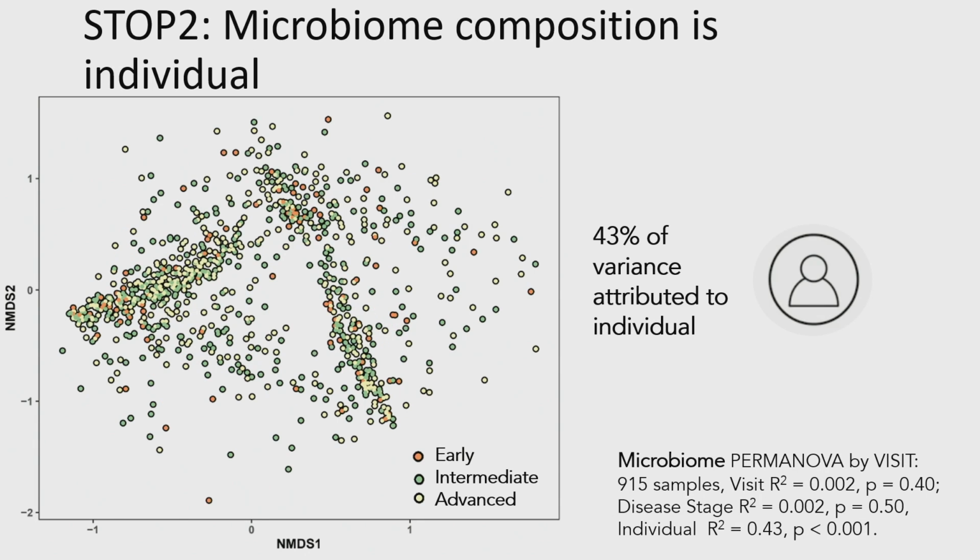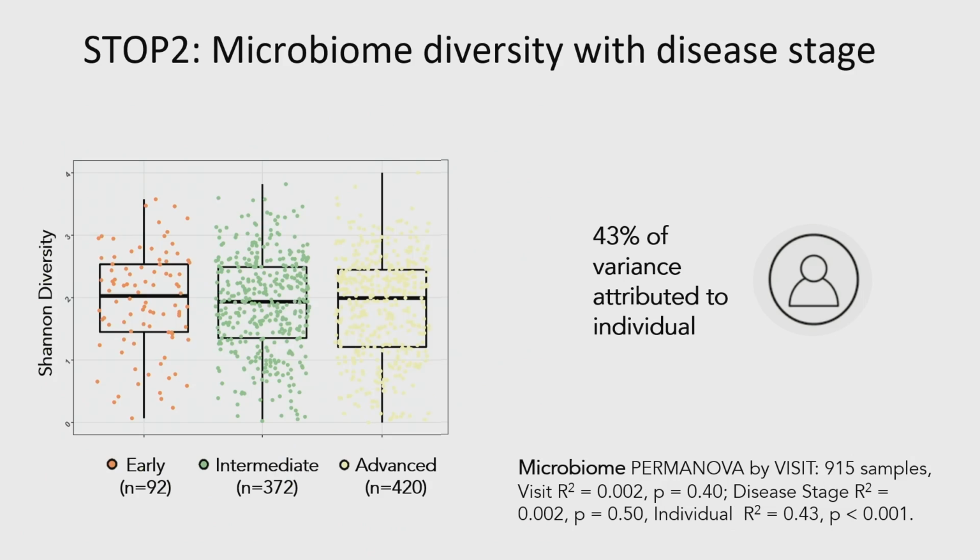The composition, again, is individual, and just to give you a sense of how they spread, in this ordination plot each of these points represents one sputum sample, colored by disease stage: early, intermediate, or advanced. And then here's the disease stage diversity, and again, you can see there's not a big change in the Shannon diversity through disease stage.